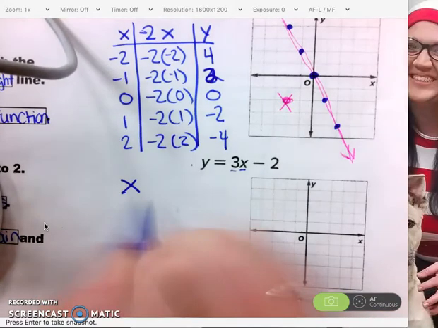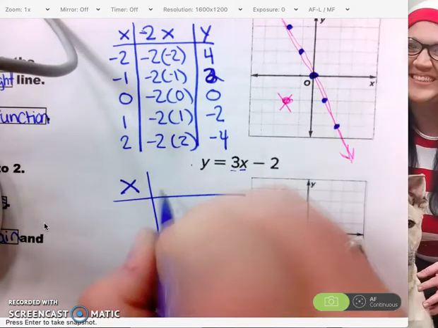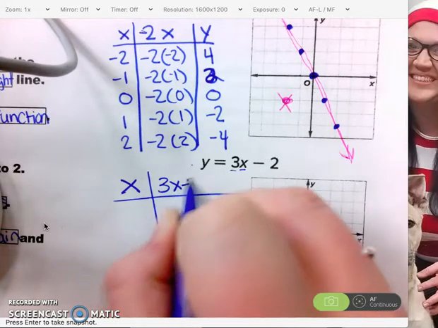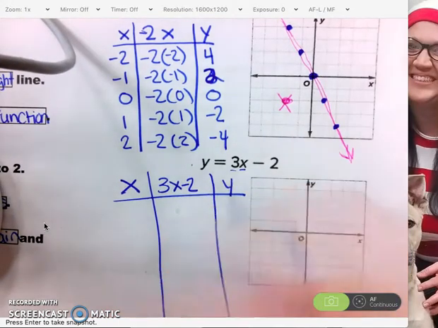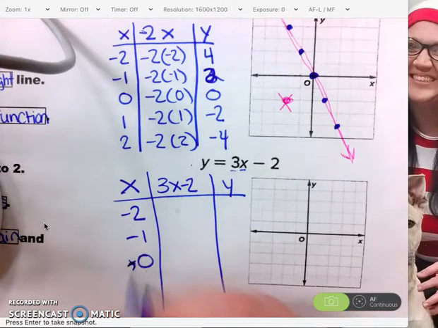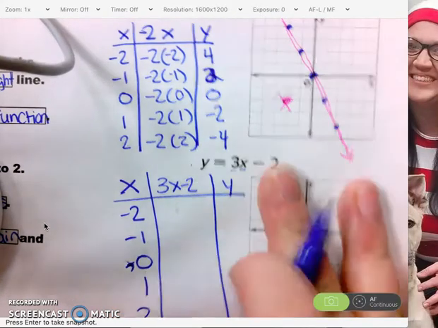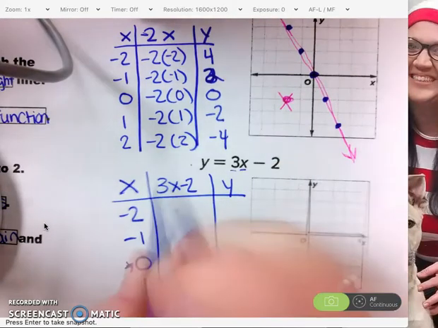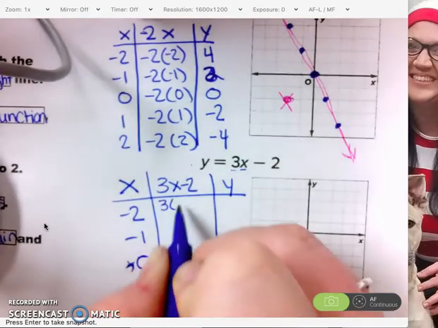So I'm going to create my table again. And 3x minus 2 in here, and my y. I'm going to do -2, -1, 0, 1, and 2. I'm going to write a little smaller.